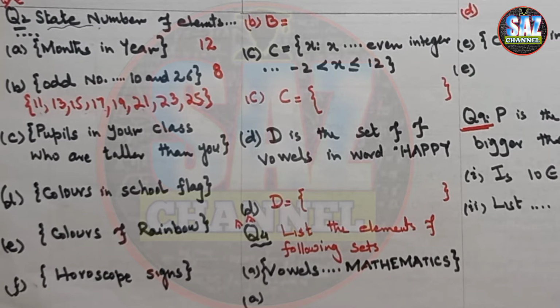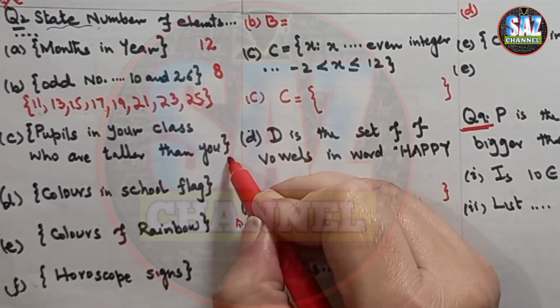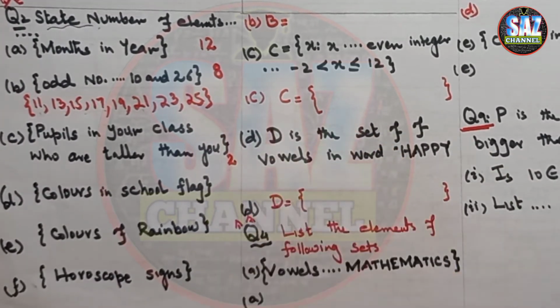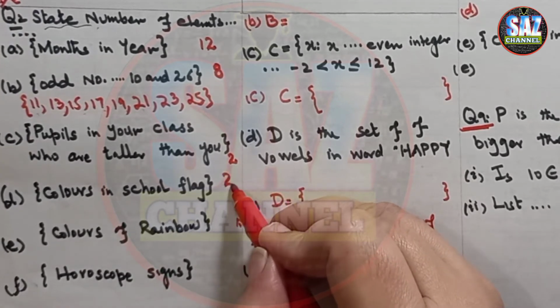Okay, then pupils in your class who are taller than you, it depends upon different situations. So in my class there are 2 people who are taller than me, so I can write 2 here. It depends upon you how many people are taller than you in your class. Colors in school flag: my school flag has 2 colors, so I'll write 2 here.